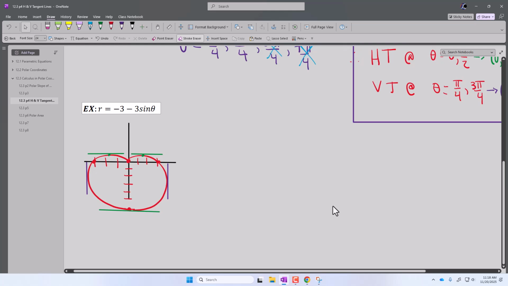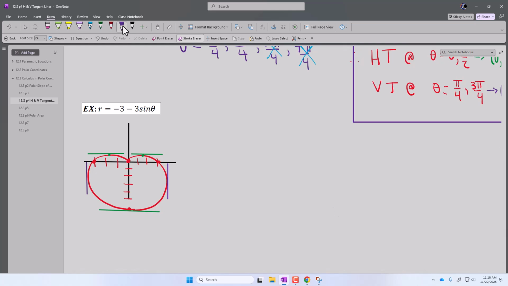But suffice it to say that you will always have the same number of vertical and horizontals. There will always be 3 for a cardioid. Always 3 horizontal, always 3 vertical. All right, to prove that, you have to use limits, and it's a pain.